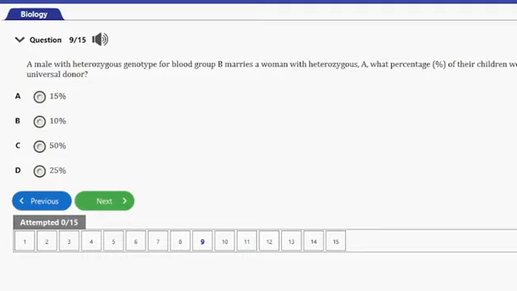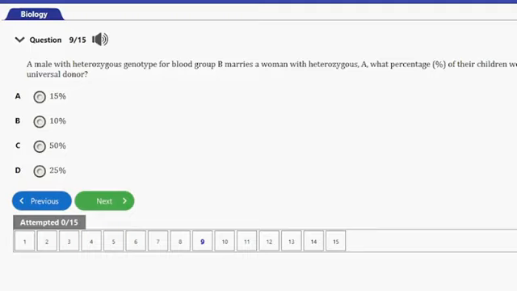So guys, having a heterozygous genotype for blood group B means it's BO for the man, and the heterozygous for A means it's AO for the woman.